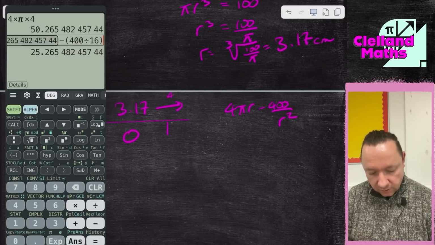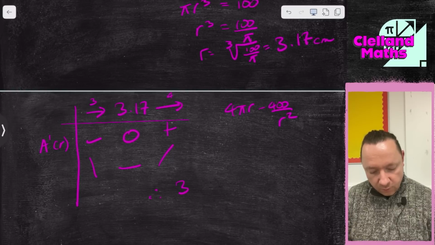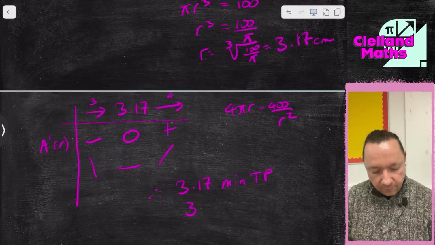That's a positive number for us. So our shape is down, along, and up. Therefore, 3.17 is a minimum turning point. So 3.17 centimetres minimises the surface area.